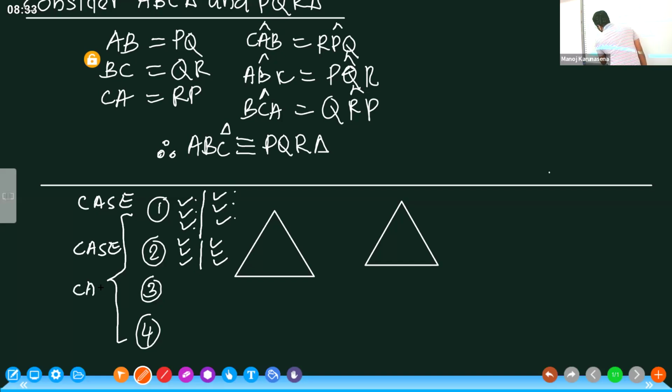Case 3 also, 3 elements of one triangle equal 3 elements of the other triangle, and the two triangles are congruent to one another.